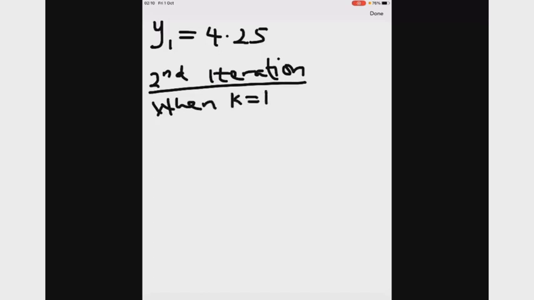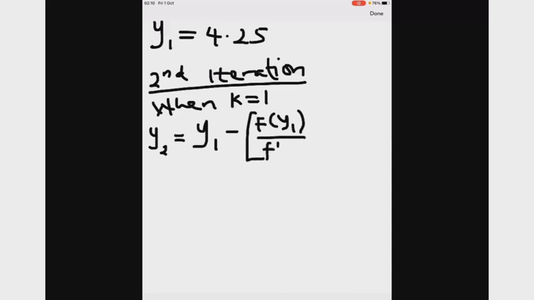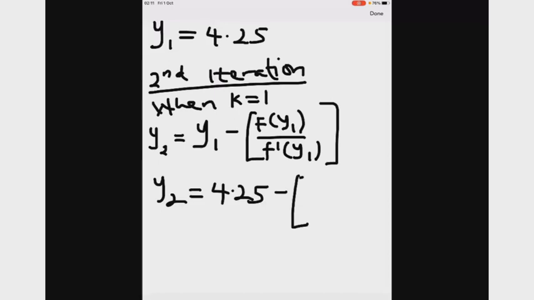So from the general formula of Raphson, y of k plus 1, k is 1 here, 1 plus 1 is 2, equals y1 minus f of y of k, k is 1, over f prime of yk, k is 1. y2 equals, y1 is now 4.25, minus f of y1.